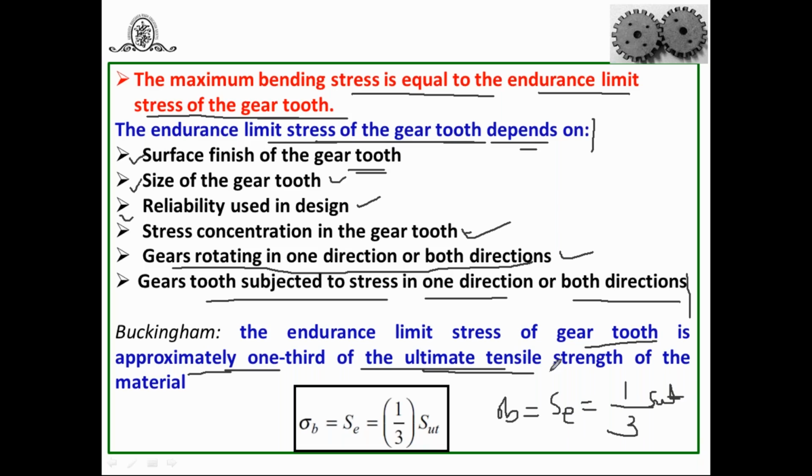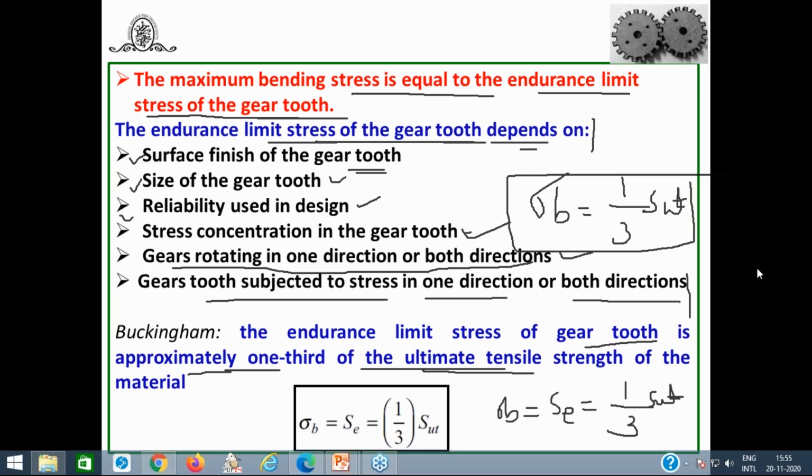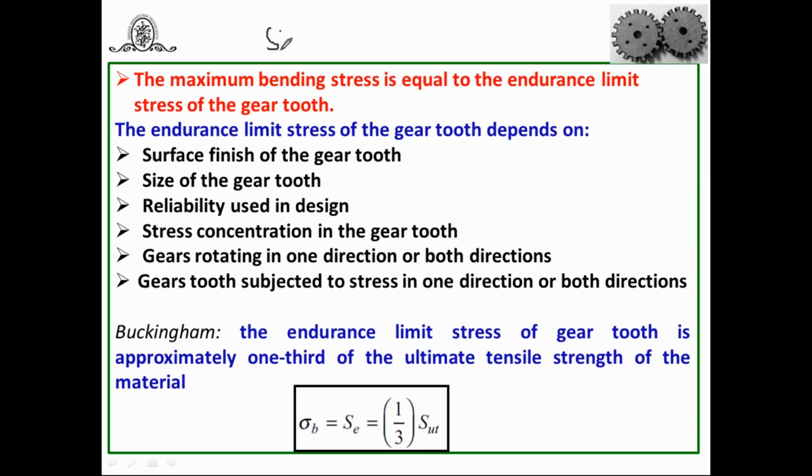And therefore, sigma b, or maximum bending stress, is equal to the endurance limit, that is 1/3 of Sut. That means if I know Sb is equal to m into b into sigma b into Y, so what is the value of sigma b that you have to substitute? That is Sut upon 3.